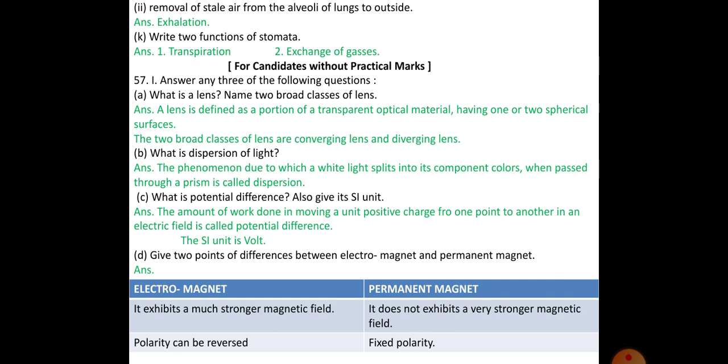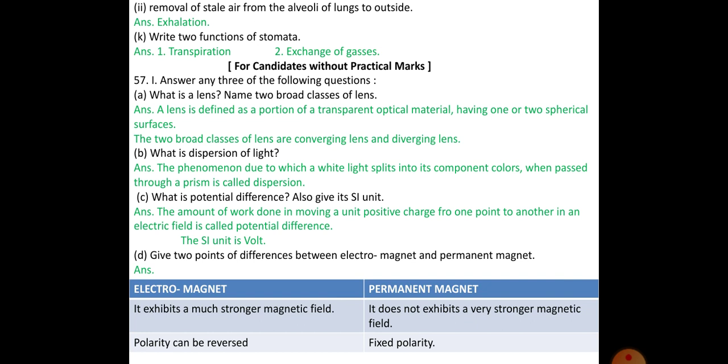What is potential difference? Also give its SI unit. The amount of work done in moving a unit positive charge from one point to another in an electric field is called potential difference, and the SI unit is volt.